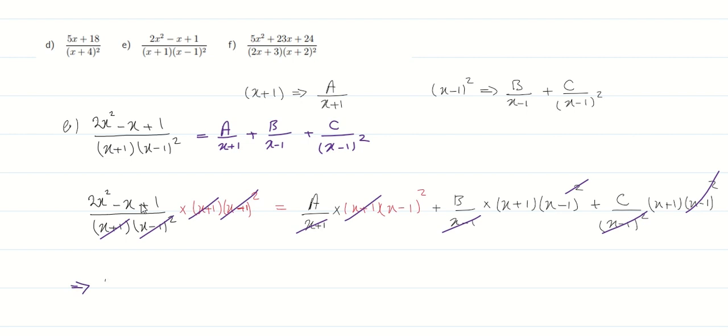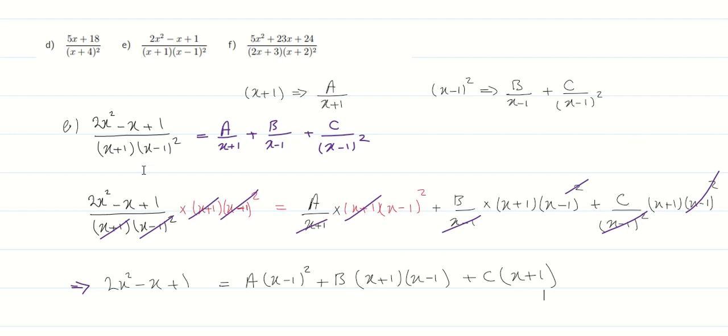On the left hand side, we have 2x squared minus x plus 1. On the right hand side, we have a times x minus 1 squared, plus b times x plus 1 times x minus 1, and at the last, we have c times x plus 1.